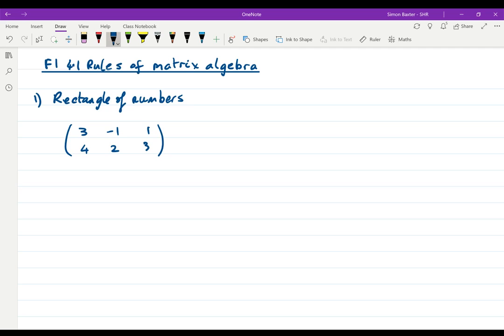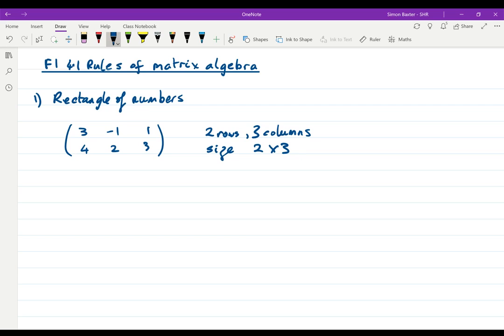That has 2 rows and 3 columns. And we say that the size of the matrix, or the order of the matrix, is a 2 by 3 matrix. Number of rows, number of columns.